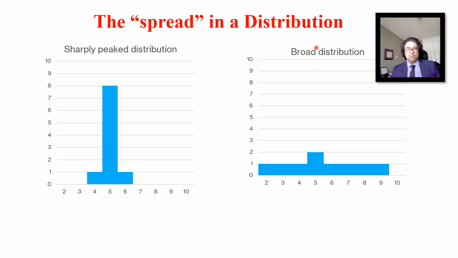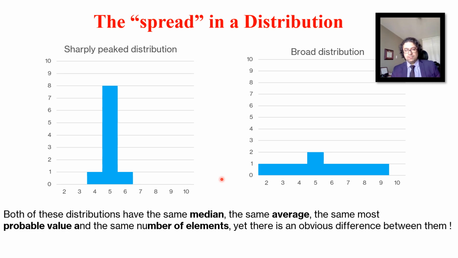The next important thing to talk about in the theory of probability with a bunch of data points is the spread in a distribution. Now here, let's look at these two histograms. Well, they obviously look different, but if I calculate those quantities that I mentioned earlier, you would see that all of them have the same value.